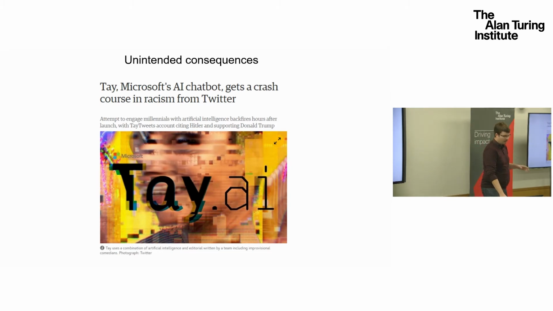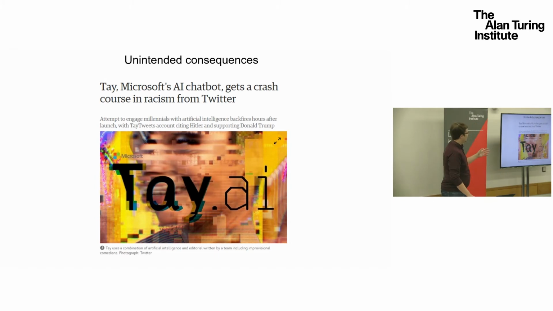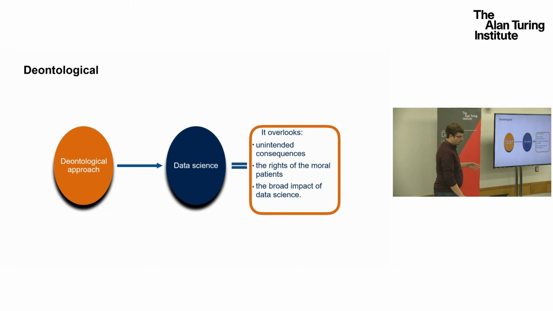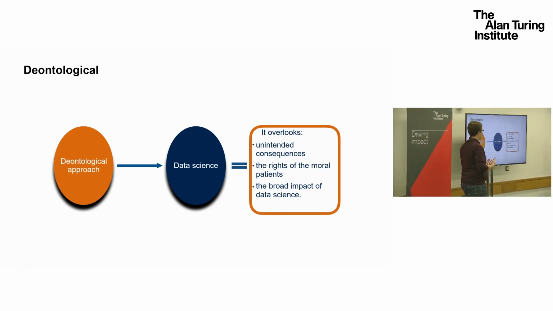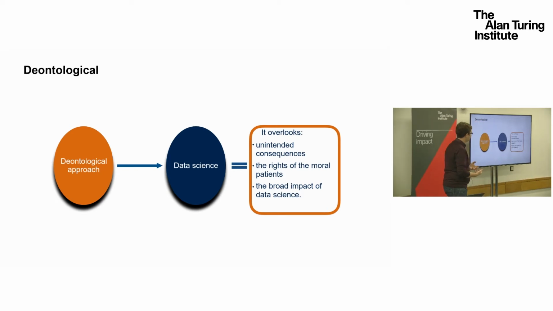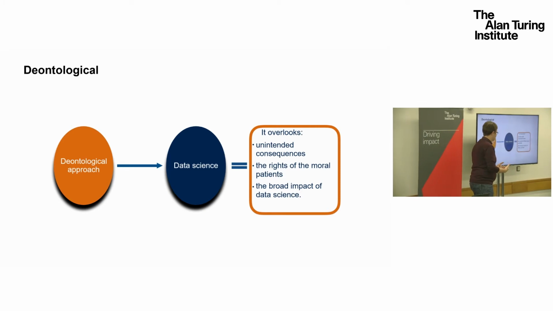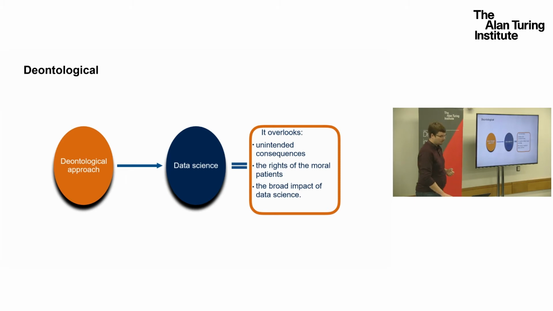We need some way to make sense of these cases where we feel like something is wrong even though principles haven't been violated or the intentions of the designers were good. A deontological approach could be said to overlook the unintended consequences of systems, the rights of the people affected by the systems, moral patients, and the broader impact of data science that are unrelated to the immediate reasons for an action.